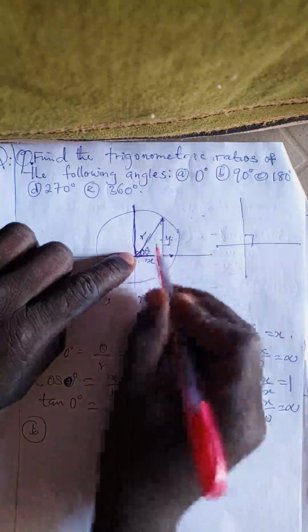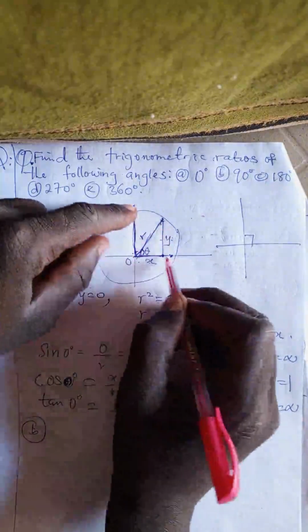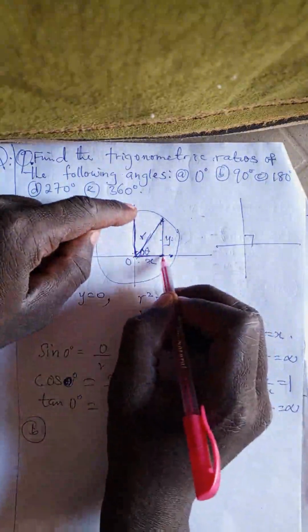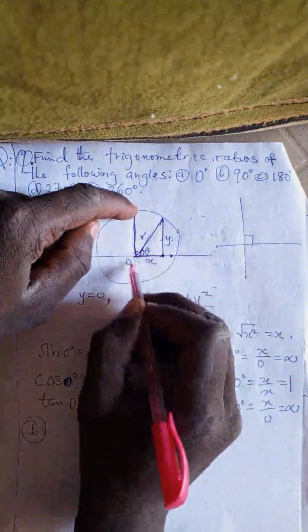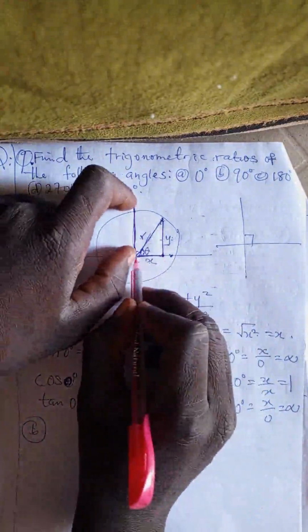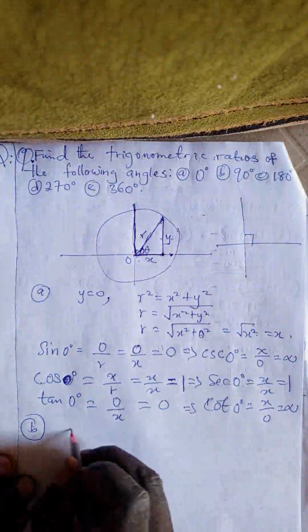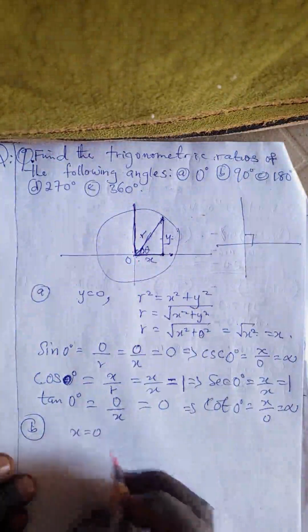And so when it matches on the y-axis, it means that this line y will shift and match here, and so x will be equal to 0.